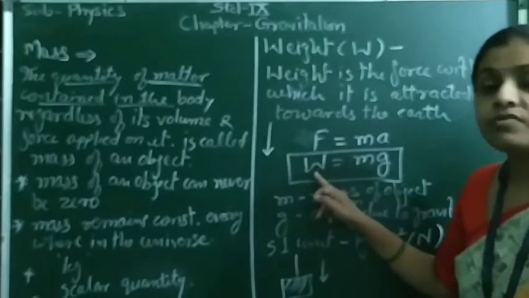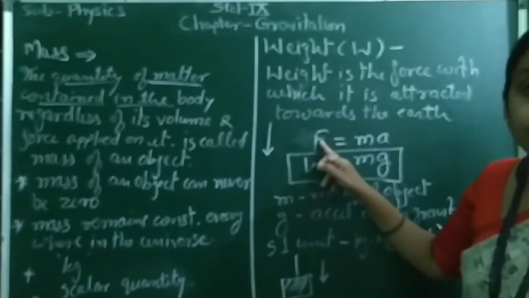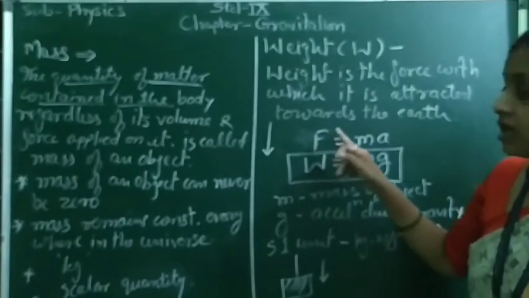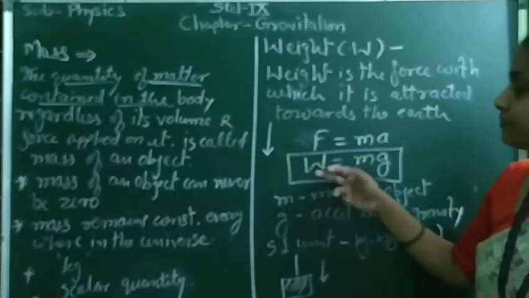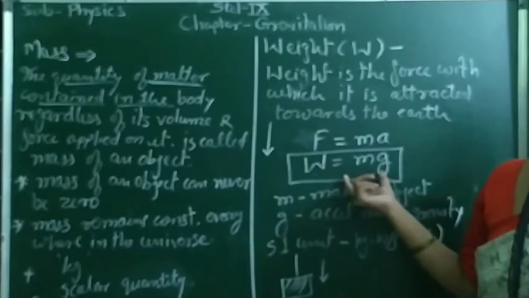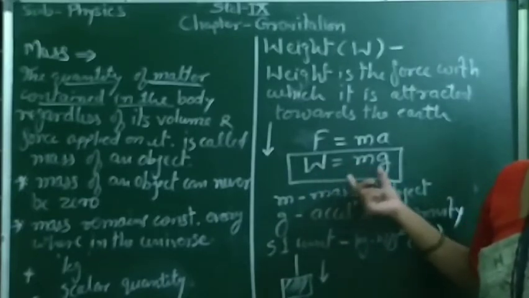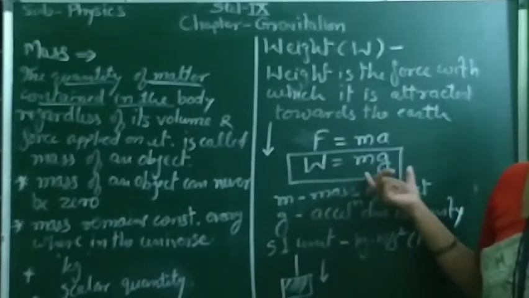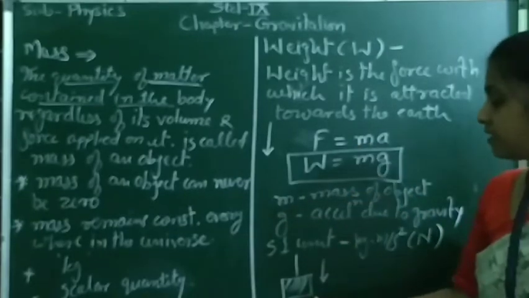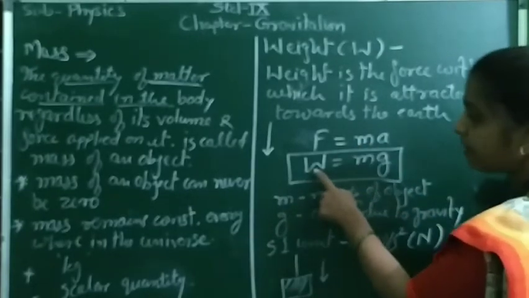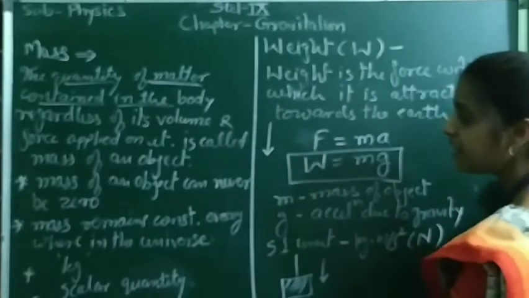Why? Because the weight of an object is the force with which it is attracted towards the earth, the force of an object due to acceleration due to gravity, or due to the gravitational force of the earth. And therefore the weight of an object always acts in a downward direction.